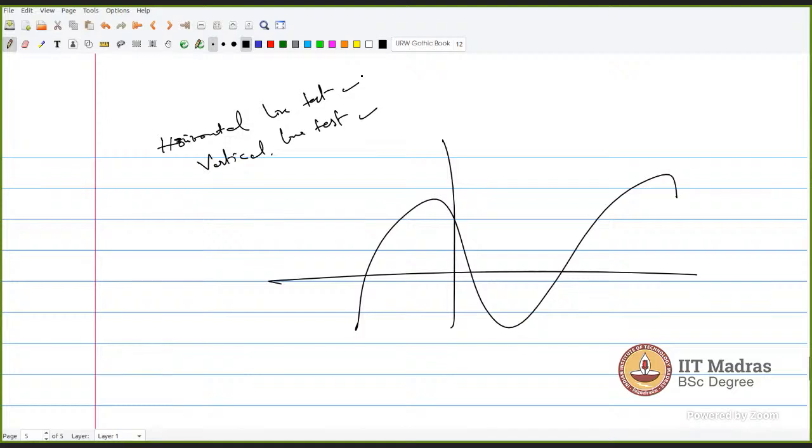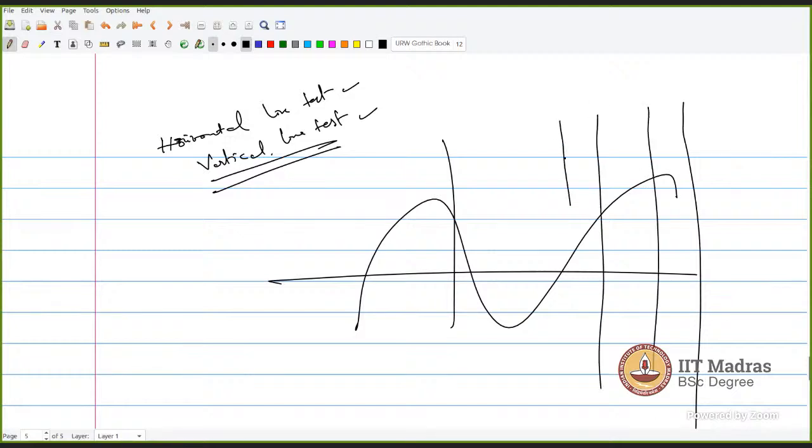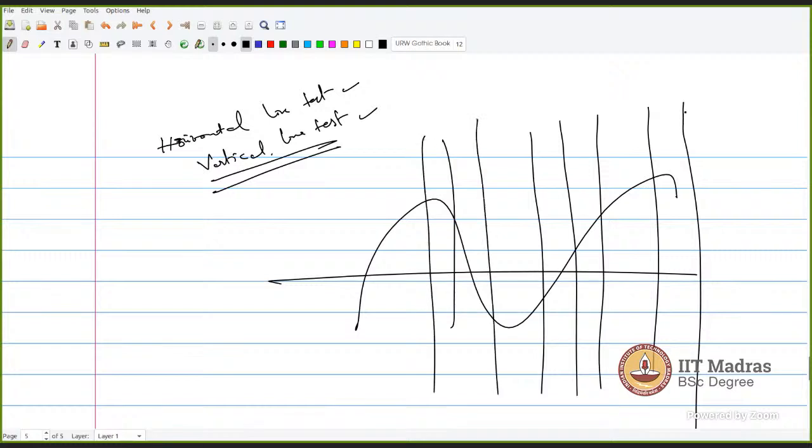And how do we perform it? You just have to start from either side. If you are performing vertical lines, I start drawing vertical lines on the graph everywhere, either from the right hand side or left hand side.